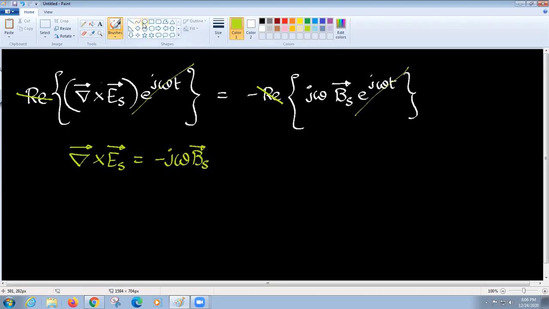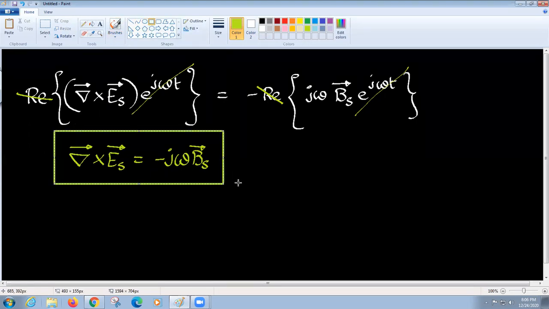So this is the Maxwell equation, Faraday's law in phasor form. We have curl of E equal to minus dou B by dou t, and people write it in the phasor form like this. Wherever you have dou by dou t, they replace dou by dou t by j omega.